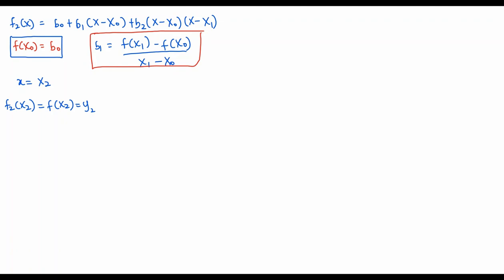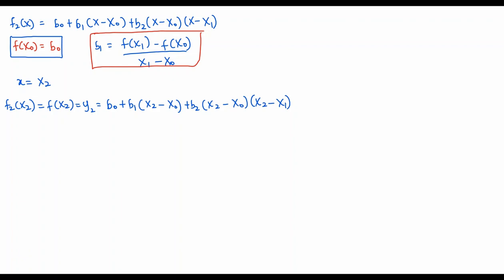So this will be equal to b naught plus b1, and wherever we see x, we put x2 there, right? So bracket open, x2 minus x naught, bracket close, plus b2, bracket open, x2 minus x naught, bracket close, and then you're going to have x2 minus x1. This is what you are going to have.